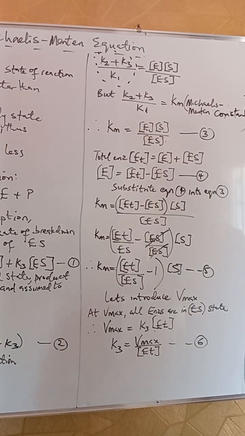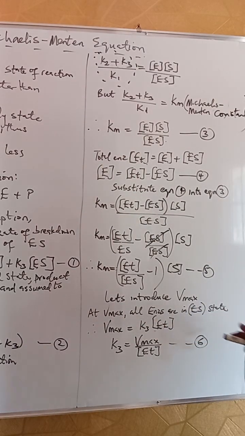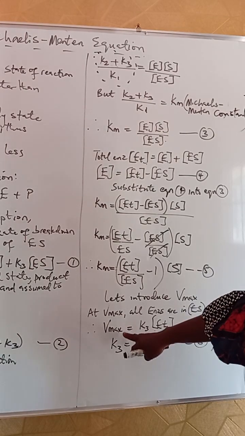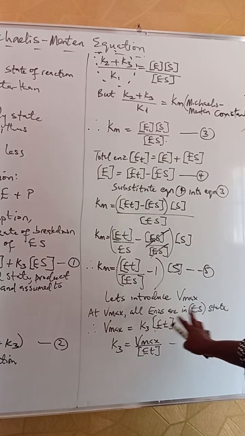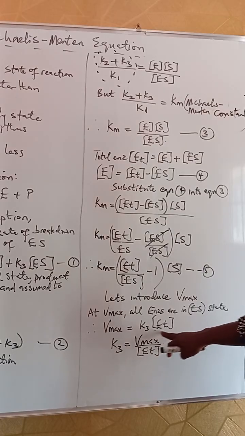Now let's introduce Vmax and initial velocity. At Vmax, all enzymes are in the enzyme-substrate complex state. So at Vmax, we have V = k3[ET].